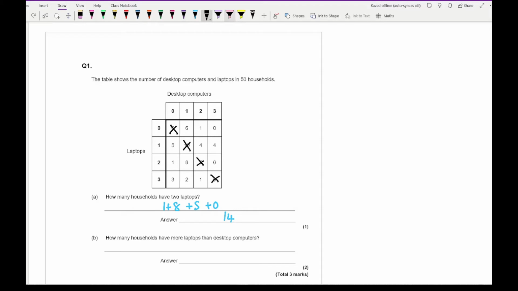And what I'm looking for is these numbers here. So from this, what I've got is 5 plus 1 plus 3 plus 2 plus 8 plus 1. And so if I add all of those up, I get 9 plus 10 plus 1, which is 20.